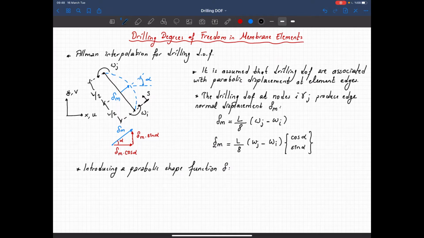At the ends it should be equal to 0, at the middle it should be equal to L over 8 multiplied with these additional parameters.